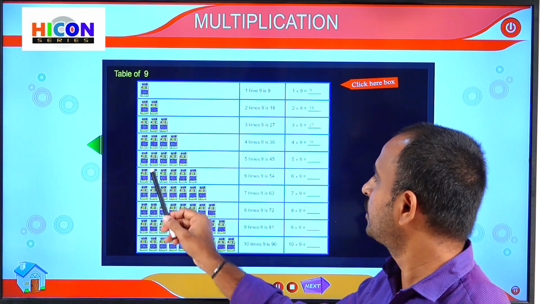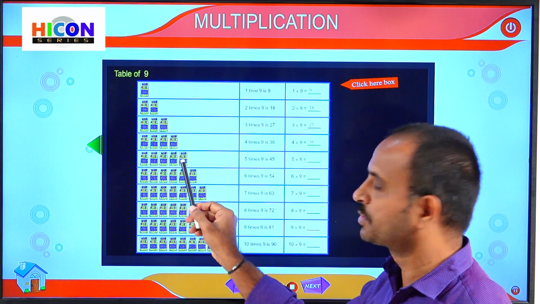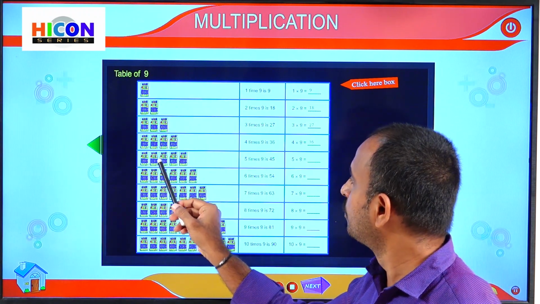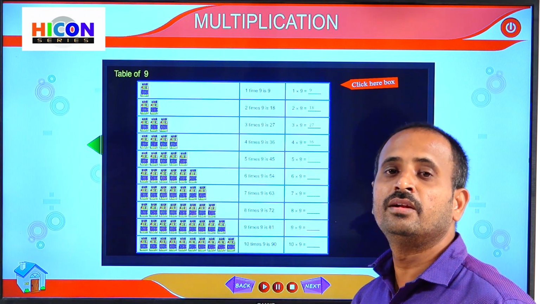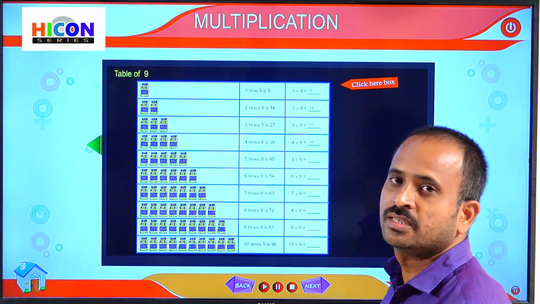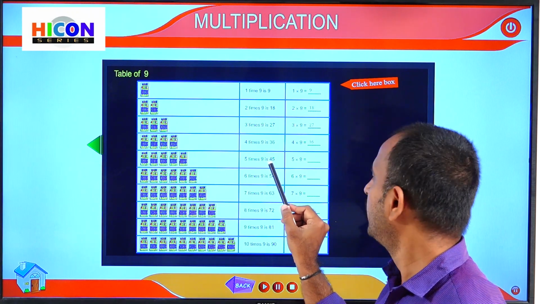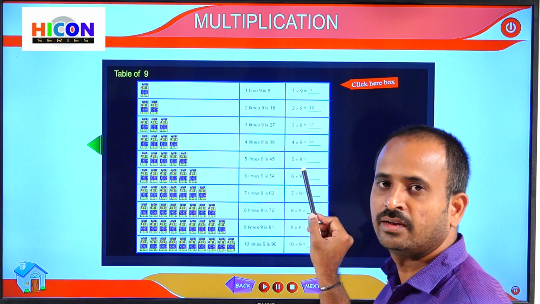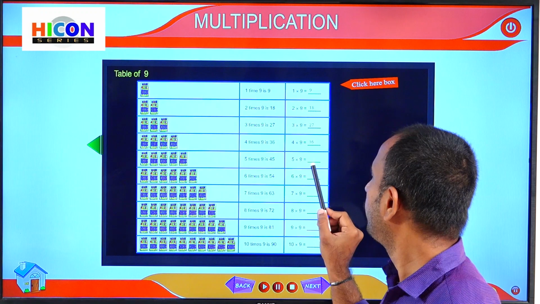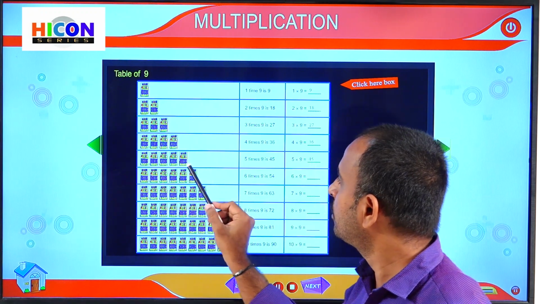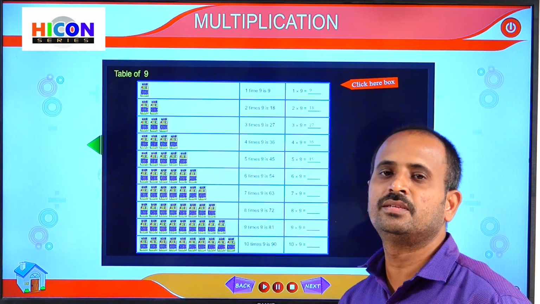So children, see the next one. There are total 5 groups of pencils. Each group has 9 pencils. Then total number of pencils can be obtained as 5 times 9. That is 5 into 9. That is 5 nines are 45. So total there are 45 pencils.